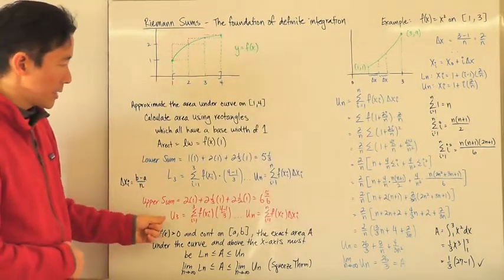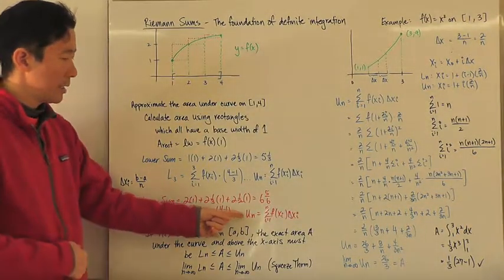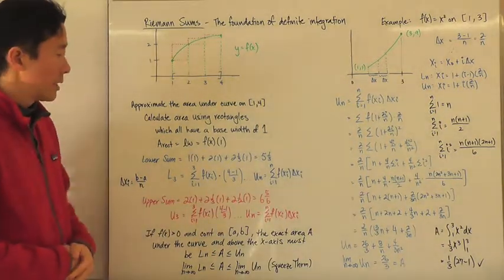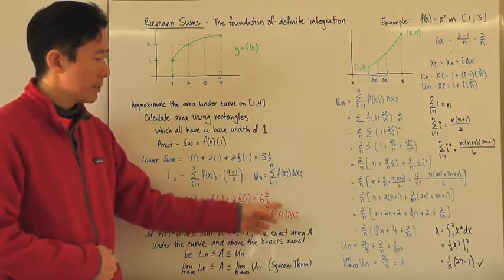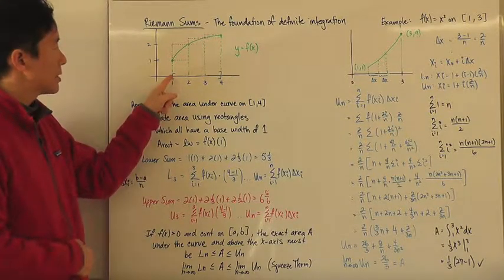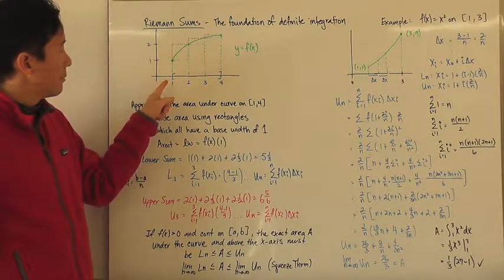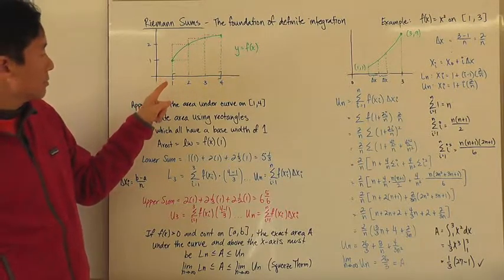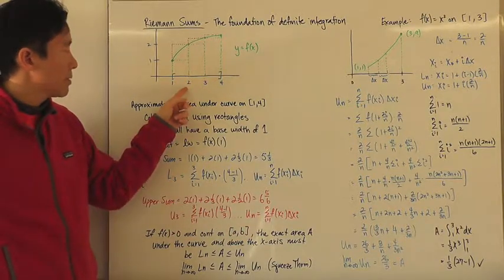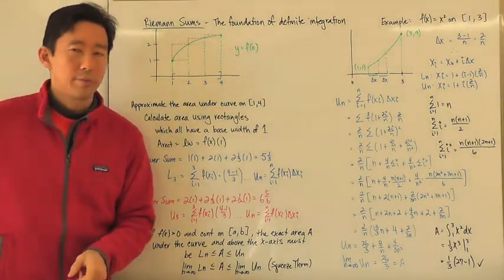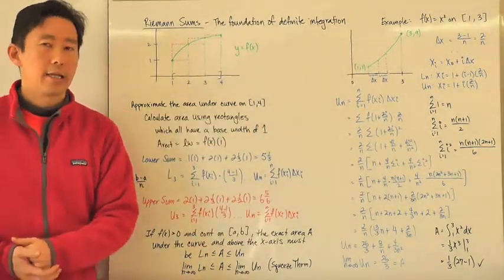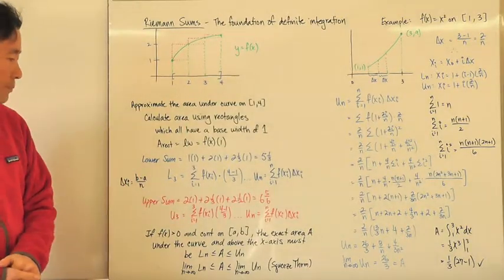It's going to be more or less the exact same thing when we talk about the upper sum, using a U instead of an L. But we have to be careful about this x of i, because the lower sum's first value was determined by x being equal to 1, and the upper sum's first value was determined by x being 2. So we need to be careful about what we associate with this x of i, but we'll see exactly how that works in the worked example.